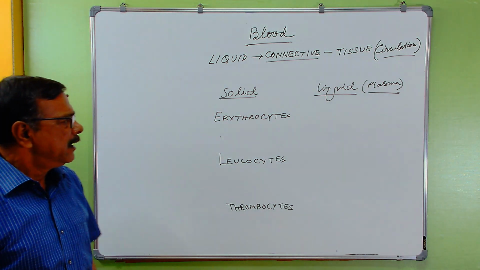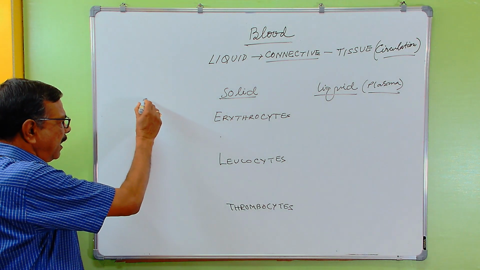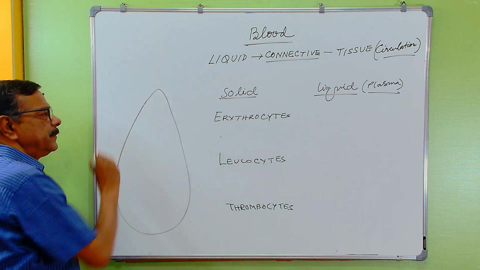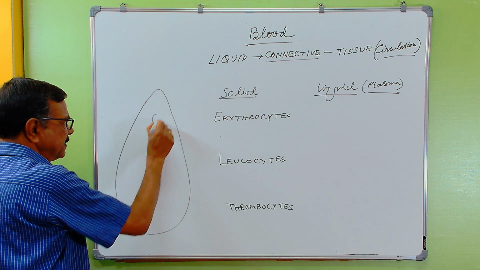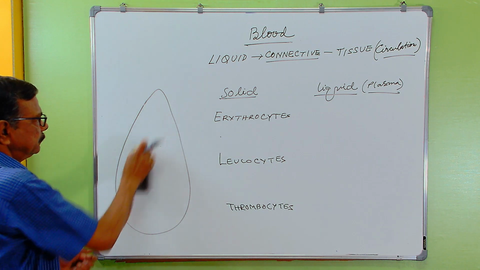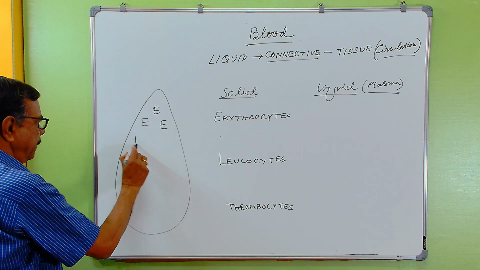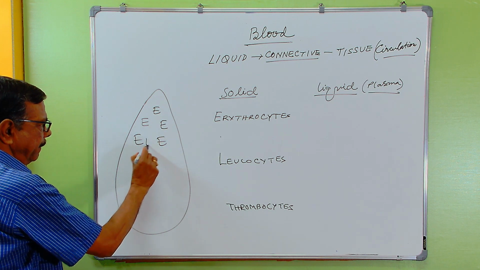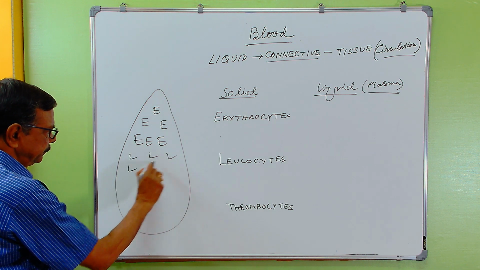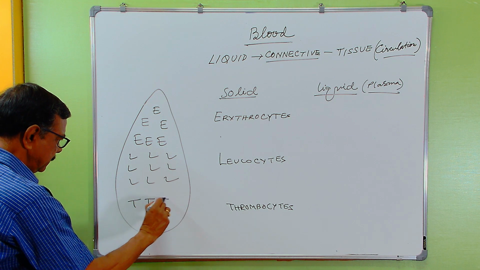Now, these formed elements remain suspended within the blood. Erythrocytes, so many erythrocytes remain, leukocytes and thrombocytes.